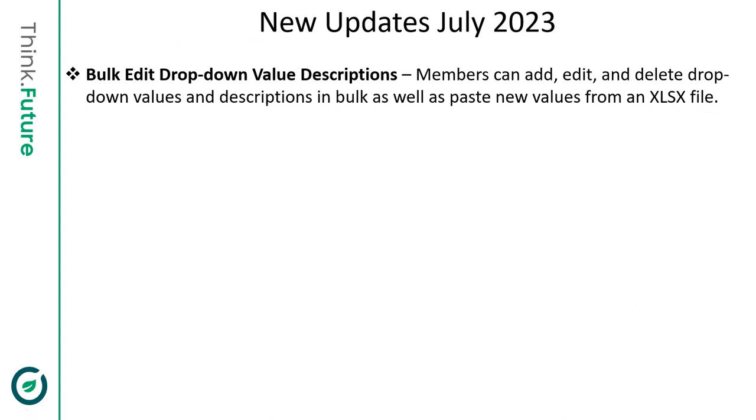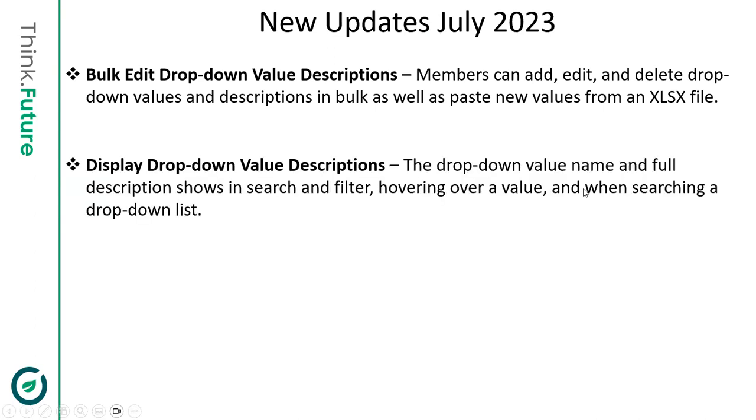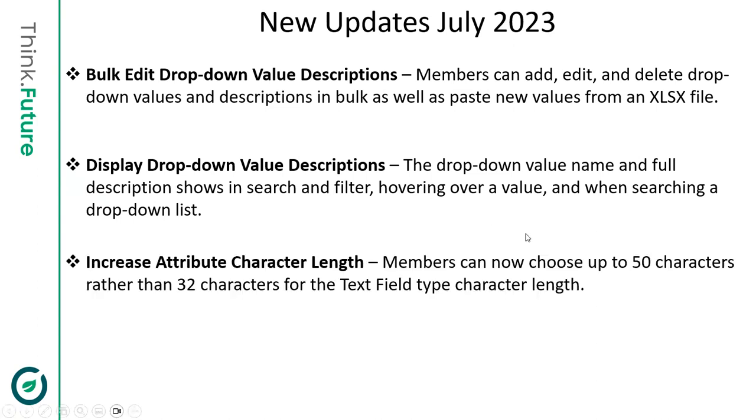One is bulk edit drop-down value descriptions. Members can add, edit, and delete drop-down values and descriptions in bulk, as well as paste new values from an XLSX file or Excel file. Display drop-down value descriptions: the drop-down value name and full descriptions show in search and filter, when hovering over a value, and when searching a drop-down list.